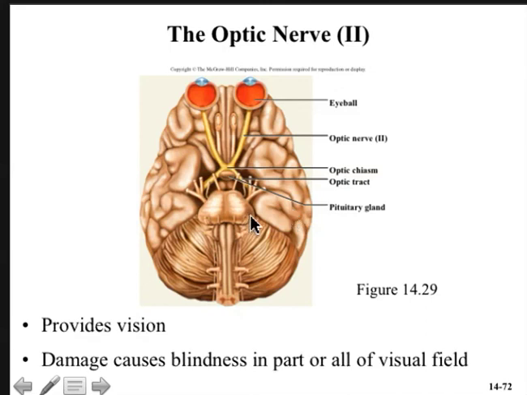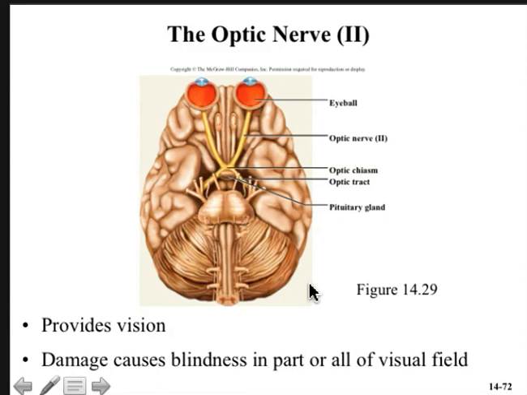Damage to it causes blindness in part or all of the visual field, and you can see that we have, again, as with the olfactory nerve, two of these, one on the right and one on the left, but the optic nerve is unique in that it sends fibers to both the contralateral and ipsilateral side of the brain, and this allows us the luxury of stereoscopic vision because each portion of the occipital lobe receives information from each portion of the visual field, and this is what provides our sense of depth.